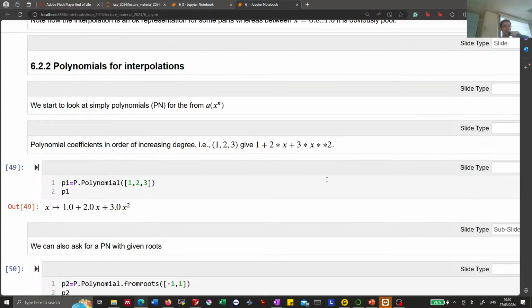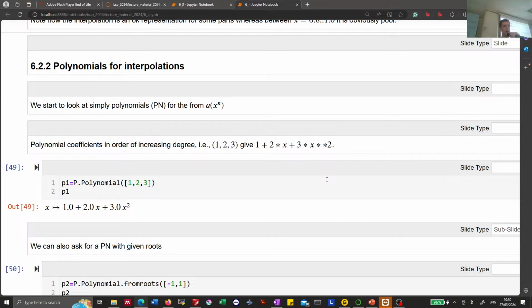Good. Next, we can go to polynomials for interpolation. So this will be the function on which we perform the interpolation. The ideas are very similar. Now, instead of having a linear function between data points, I say I have polynomials. That could be terms with x to the power of 2 and 3 and 4 and so on.